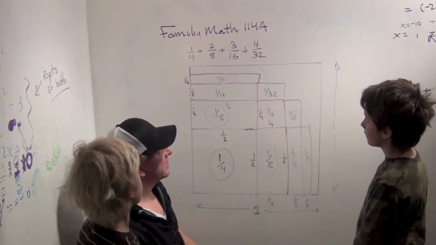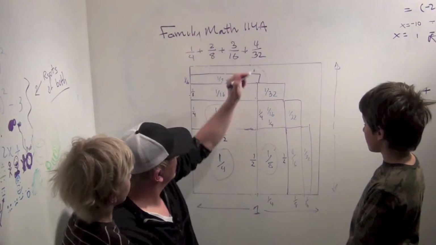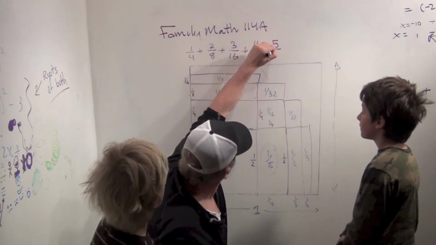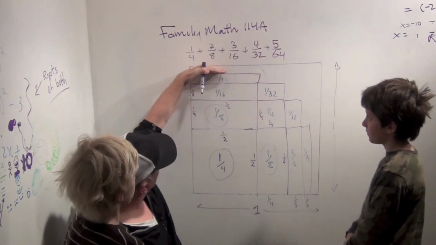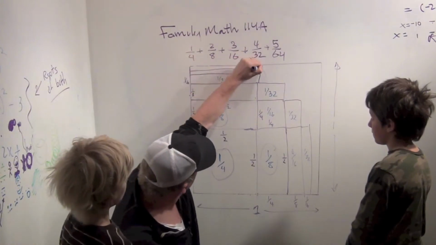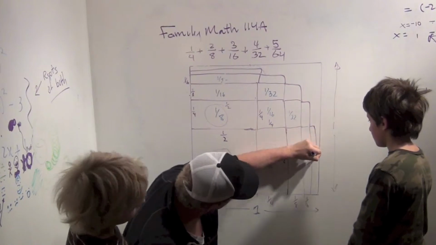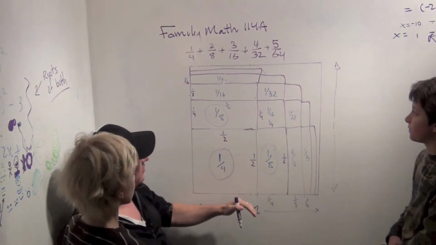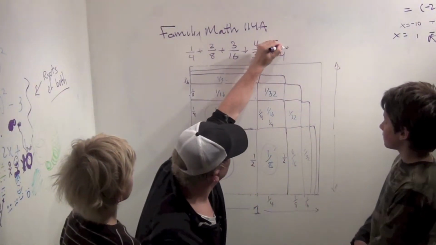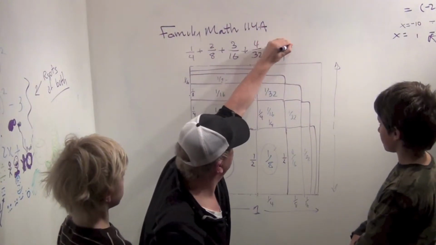What do you think is going to come next? 5/64. And that's going to come from a rectangle that's going to be here. 1, 2, 3, 4, 5. Those are all going to have area 1/64. And then 6/128, etc. Let's not draw that.